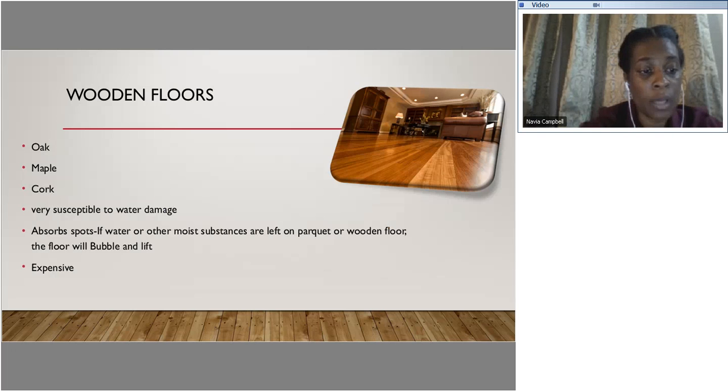Wood floors. Though these are typically uncommon in a hospitality environment, you still have one or two smaller properties, boutique hotels, where you may find this type of floor. These types of floors are typically made of oak, maple, or cork, or in the local arena, mahogany.